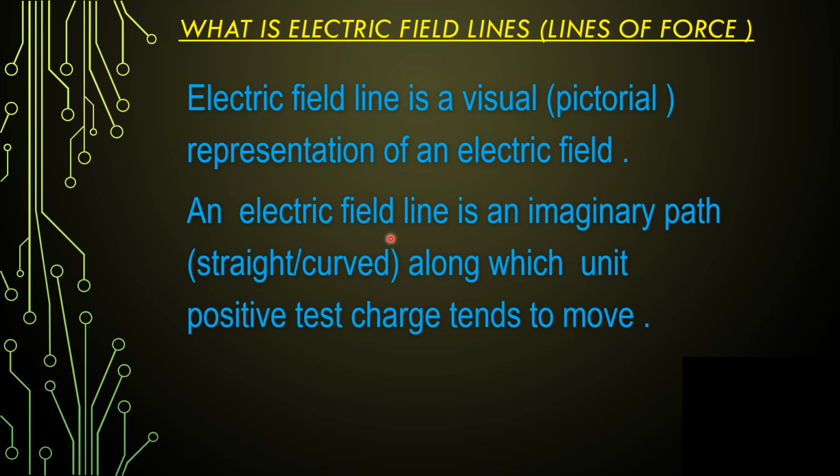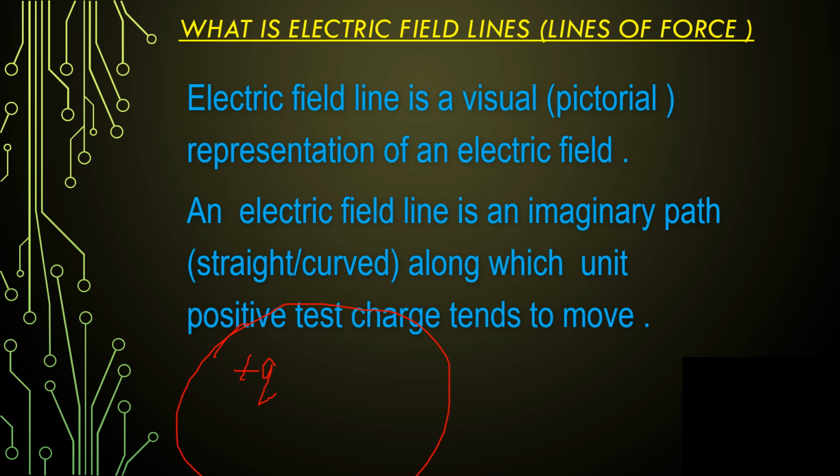An electric field line is an imaginary path along which a unit positive test charge tends to move. This path may be either straight or curved. If the source charge is positive, the space around the source charge is called the electric field.